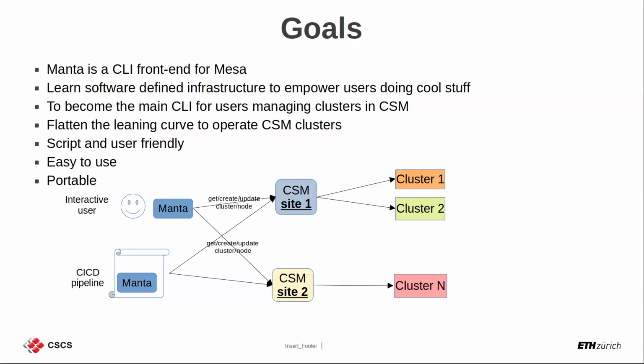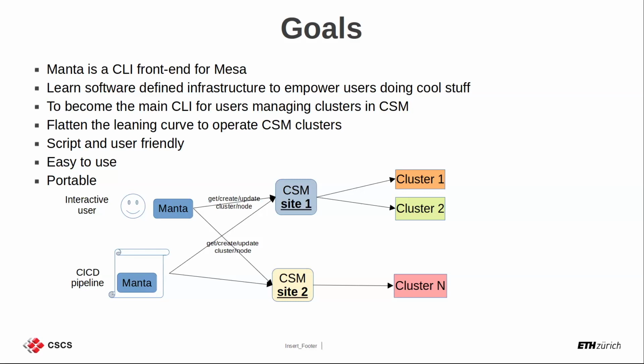Another goal of Manta is not just dealing with CSM. We are also working on introducing new features, something we call multi-site management. CSCS currently has multiple instances of HP Cray EX machines, and we need a way to interact with all of them easily.